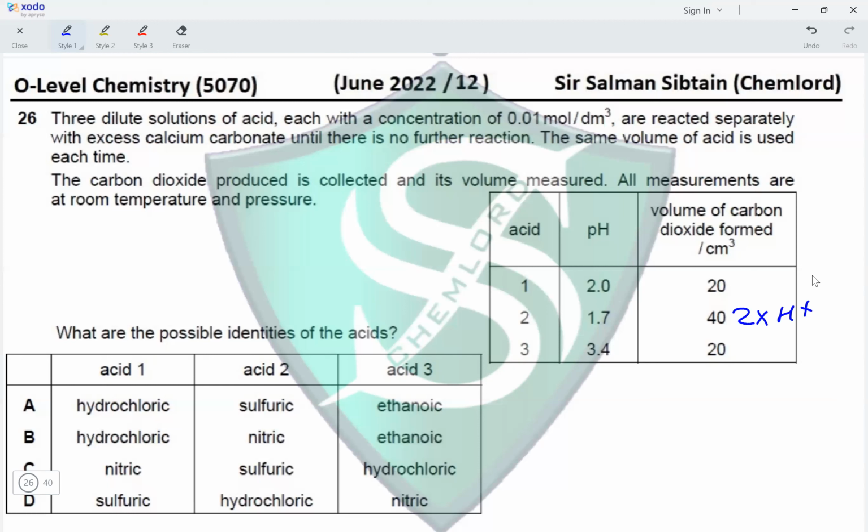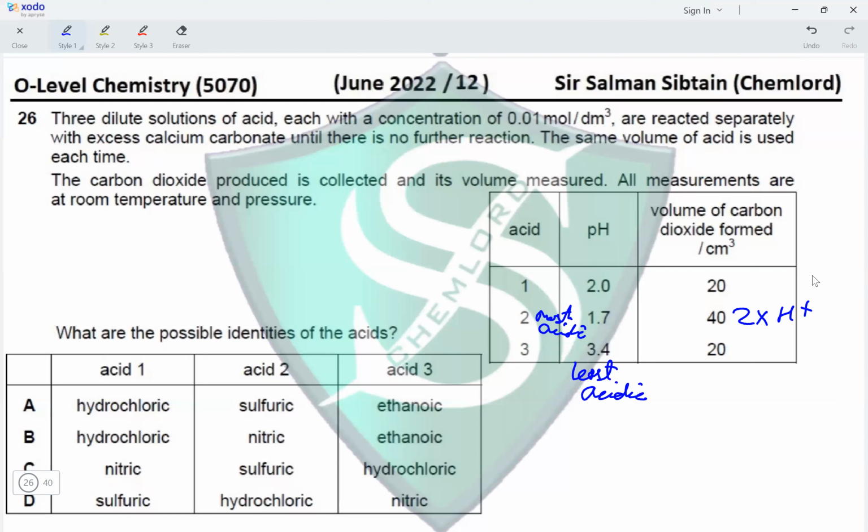And another conclusion we can draw is the most acidic out of these three acids is acid 2 because it has got the lowest pH, and acid 3 is the least acidic because it has got the highest pH.